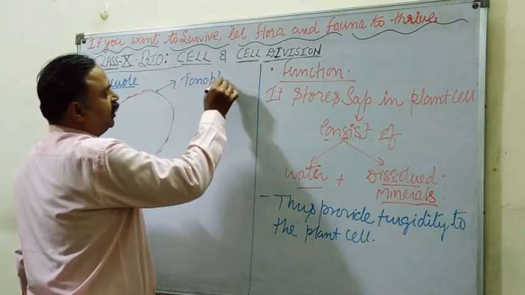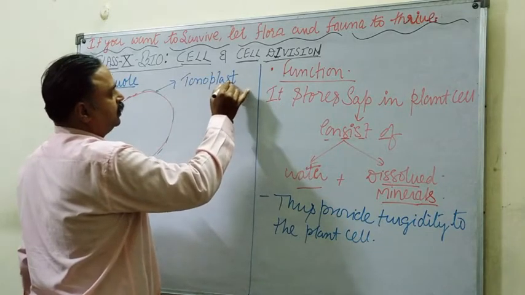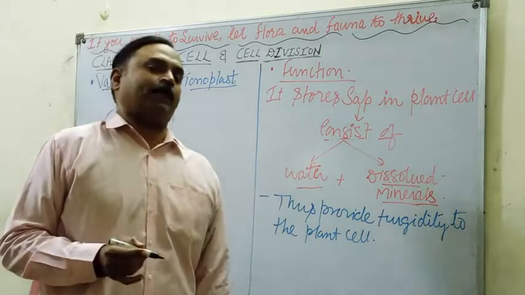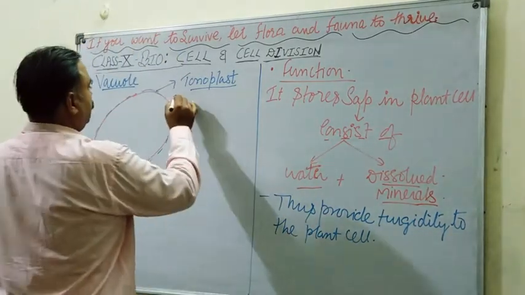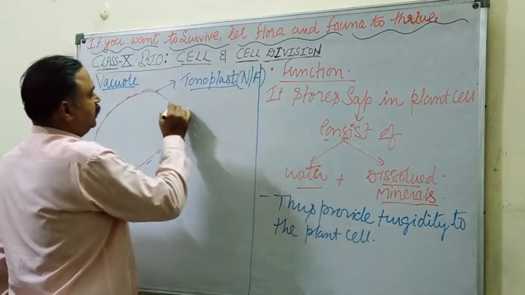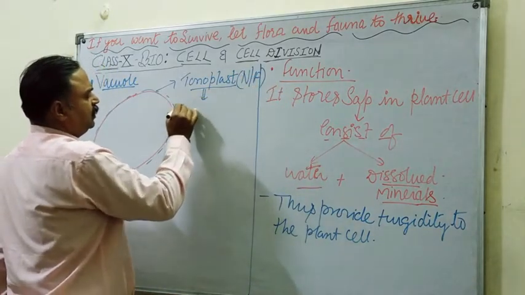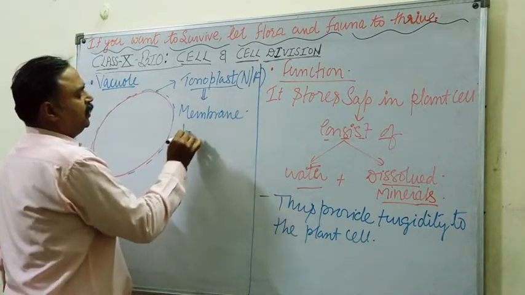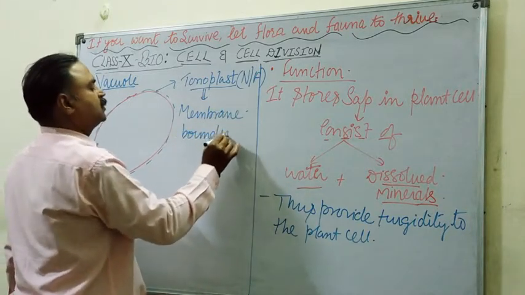On tonoplast you have one more question in the board exam, in the compulsory section, objective type, that is, name the following. In name the following, the membrane bounding vacuoles.